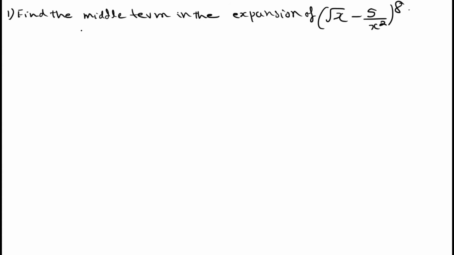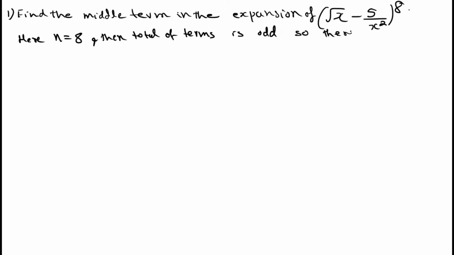See the first question. Find the middle terms in the expansion of (root x minus 5y x squared) to the power 8. Okay, so here the n value is equal to 8. Index is 8. Then the total number of terms is odd, so how many middle terms exist?